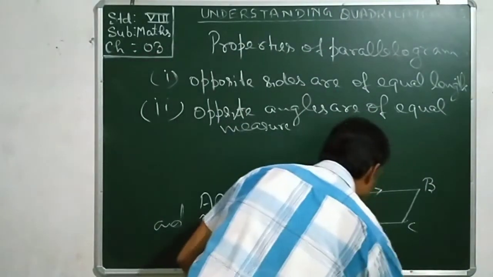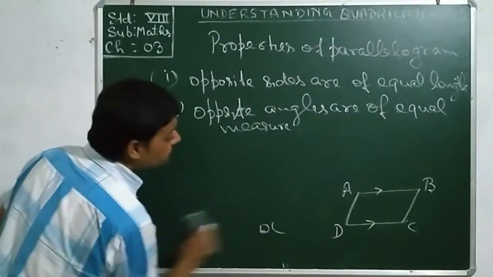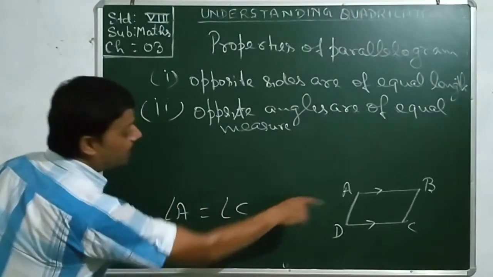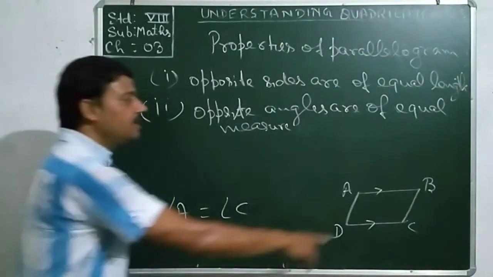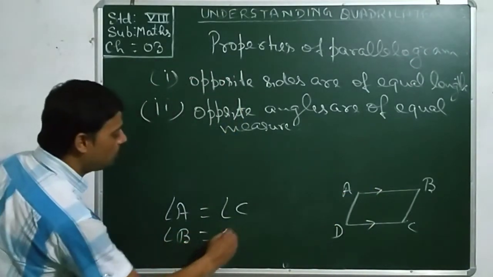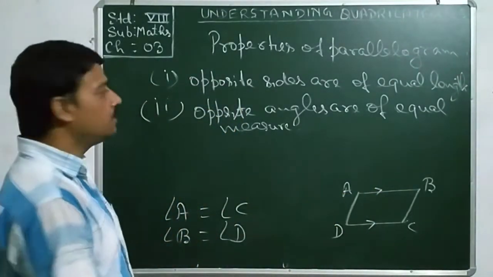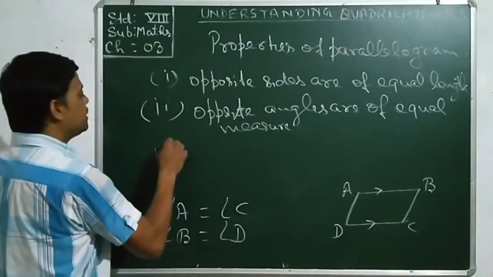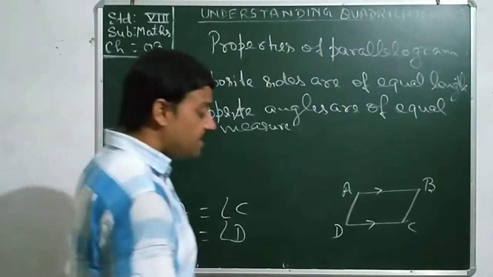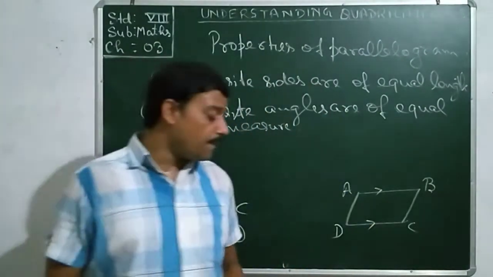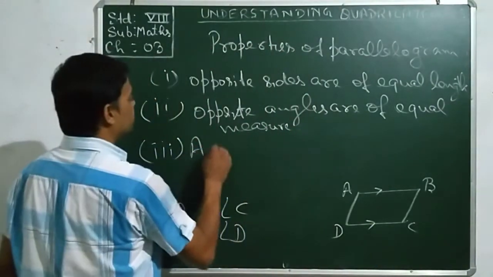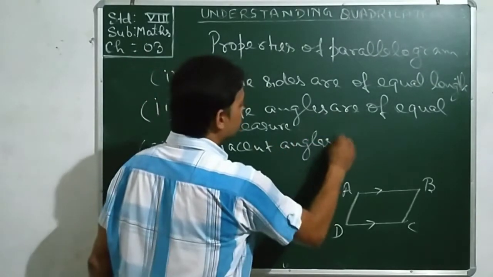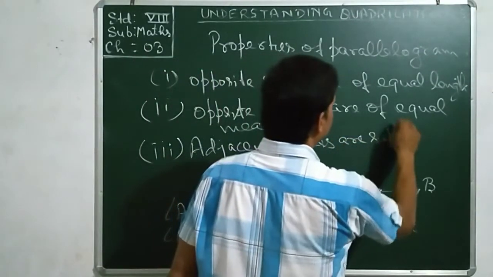That means, consider in this parallelogram angle A. So angle A will be equal to angle C, and similarly angle B will be equal to angle D. This was the second property. Come to the third property: adjacent angles of a parallelogram are supplementary.